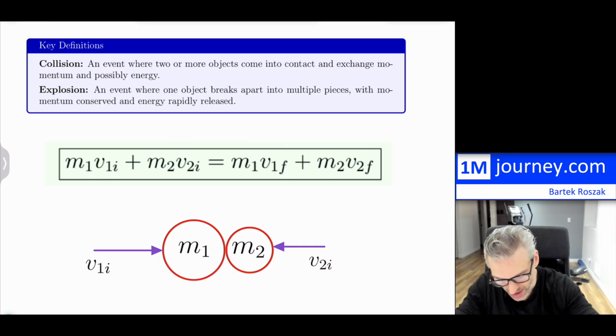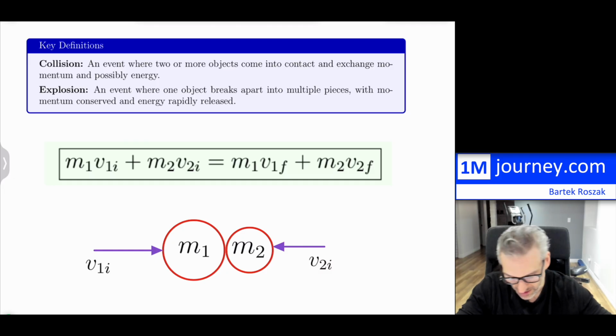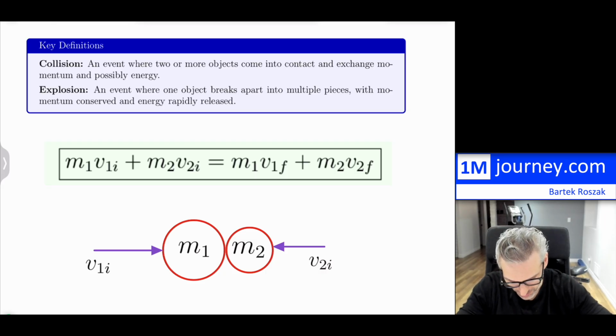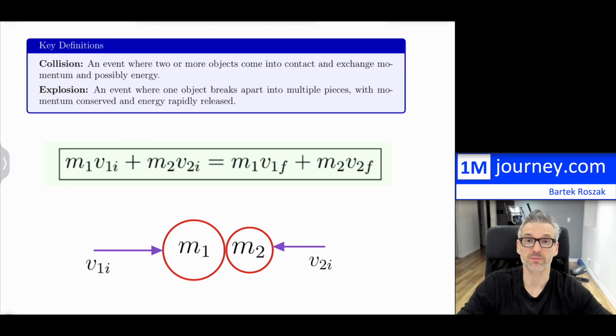So let's try to draw out the important items here. I do want you to recall Newton's 3rd law, which is that for every action, you have an equal and opposite reaction, which means that whatever force is applied by one object on the other, there's going to be an equal and opposite force applied on that first one.